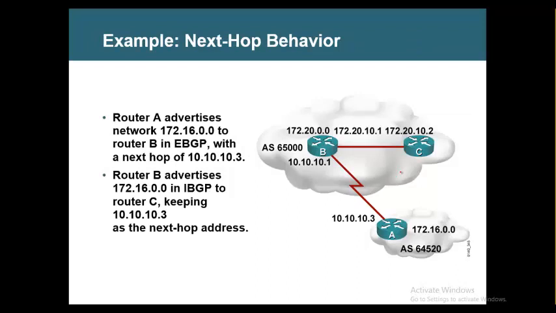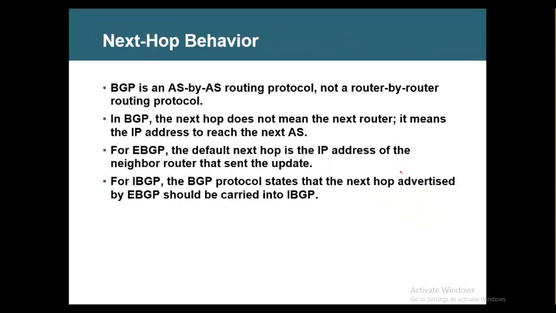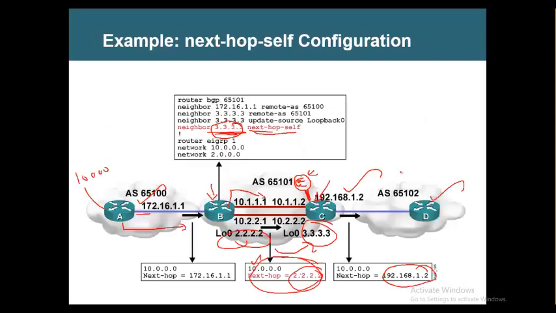This is for D. For between C and E, B, C, and E, it is IBGP, no? For IBGP only that rule.